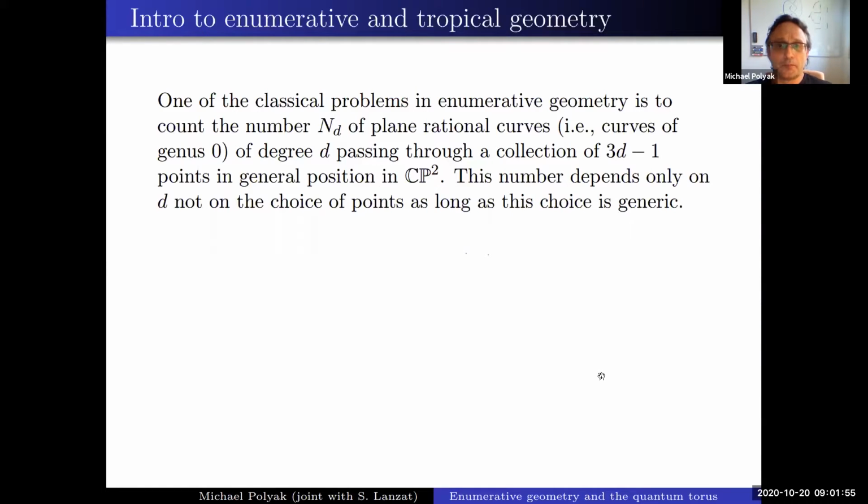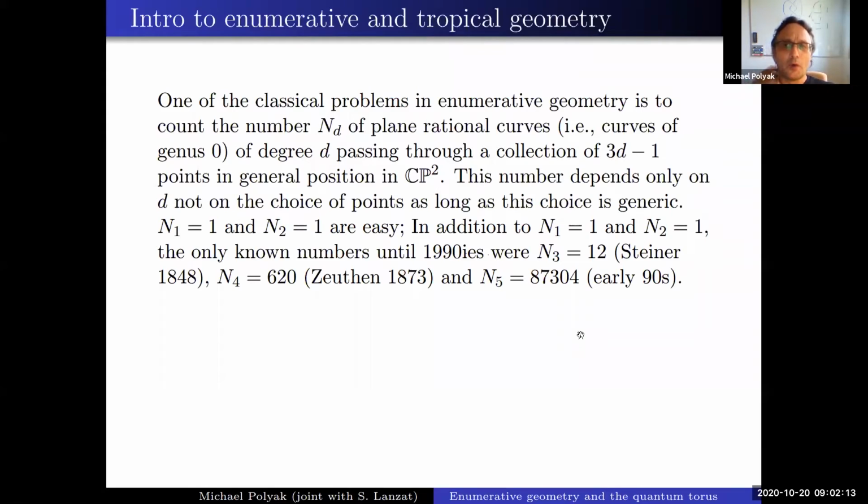Now, it's known that this number depends only on the degree of these curves and not on the choice of points, as long, of course, as these points are in generic position.